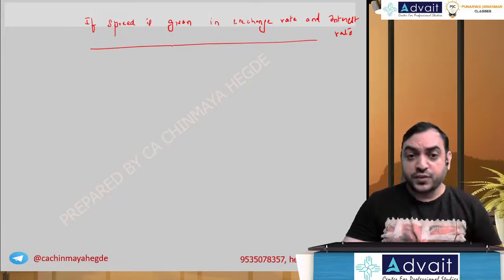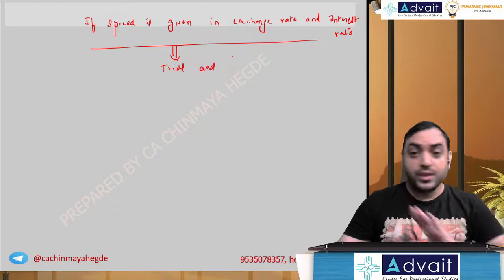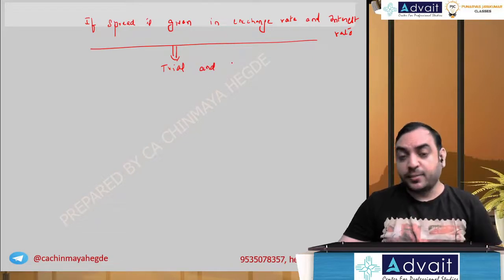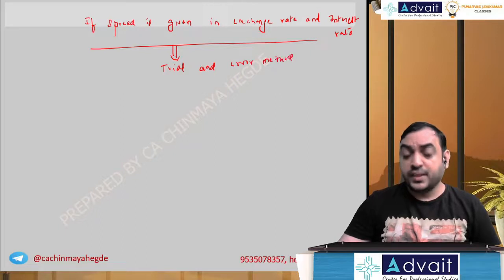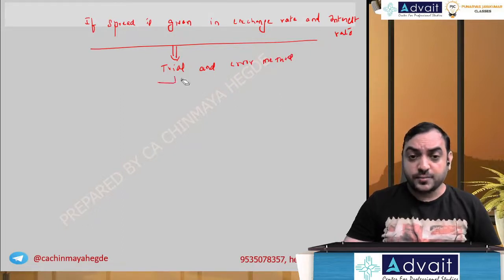So what you have to do in this case is choose a trial and error method. No implied rate method, no IRPT method, trial and error method. It means you try both the alternatives.